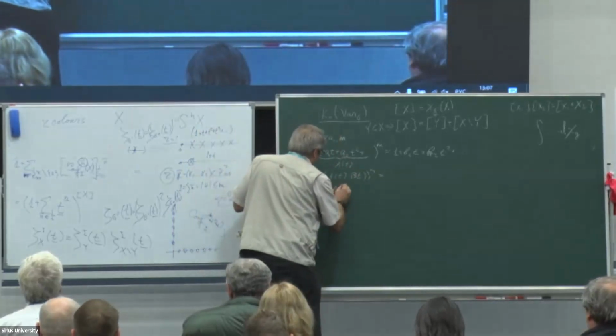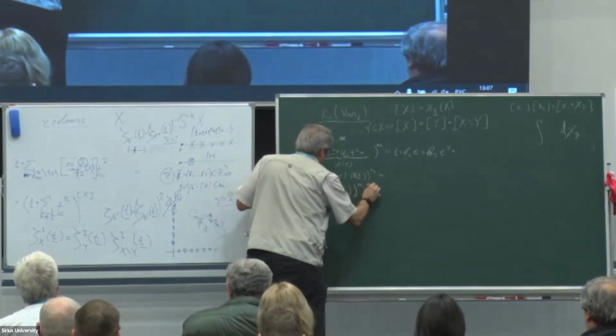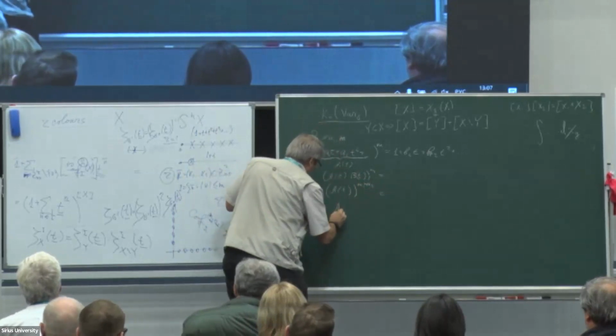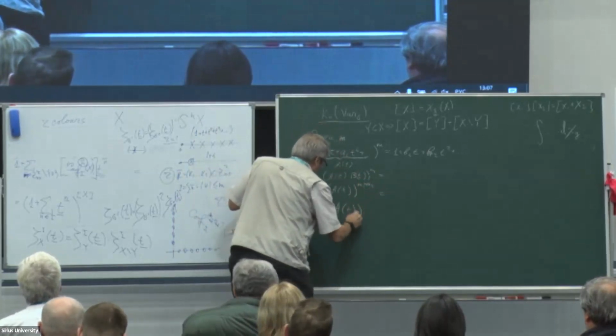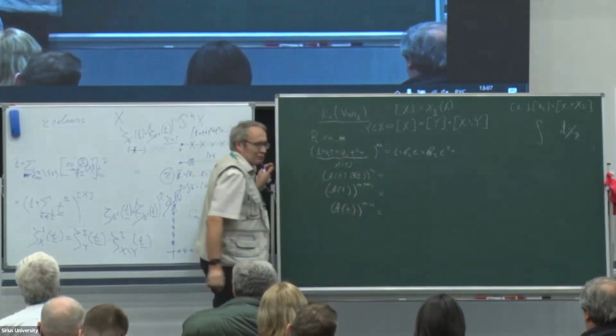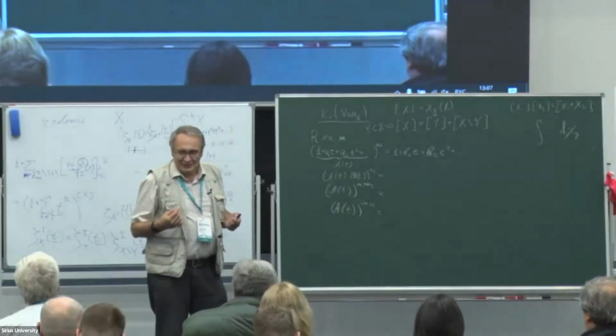Then A of t in the power M1 plus M2 is equal, also everybody knows. And finally, A of t in the power MN is equal, everybody knows what it is equal to. All the usual rules have to be fulfilled.